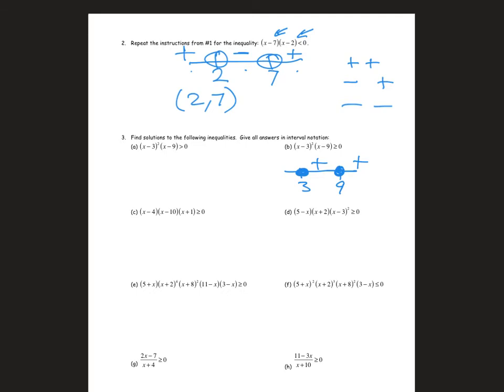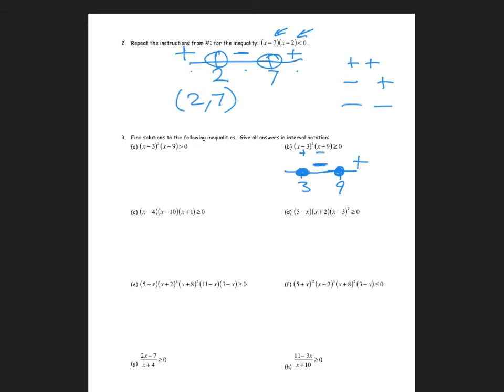Let's restart that. I am not getting positive there. Okay. All right, so greater than 9 positive, going too fast. Between 3 and 9, if I put in a value like 8, the squared part will be positive, of course, but 8 minus 9 is negative, so I'm going to get a negative.